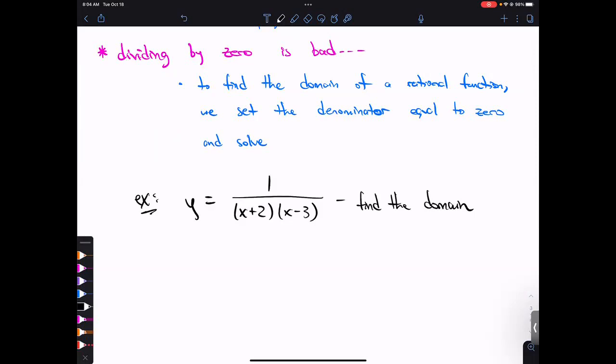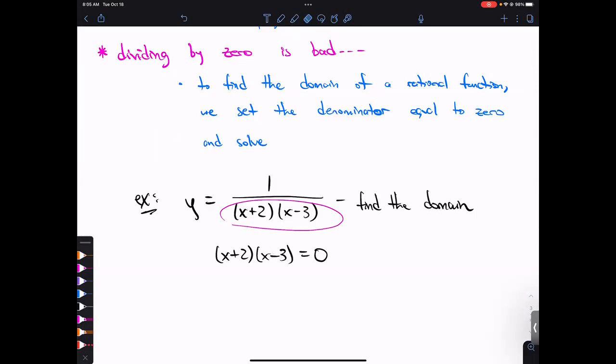To find the domain here, what we would do is take the denominator, x plus 2 times x minus 3, set it equal to 0, and then solve that. It's in factored form already.